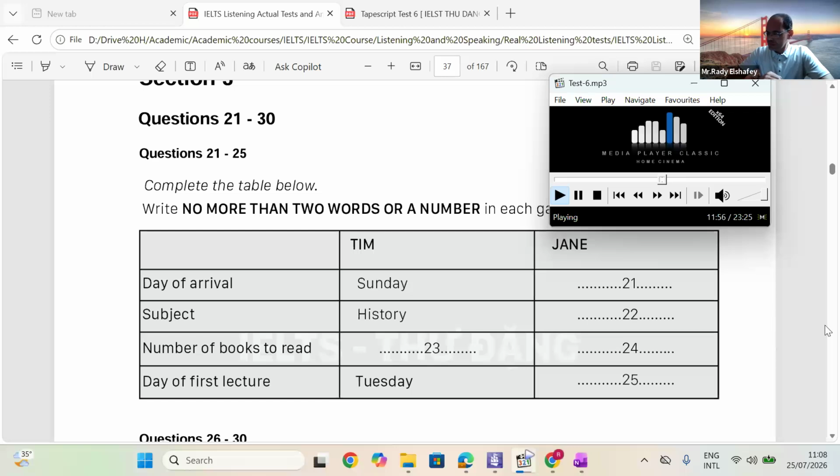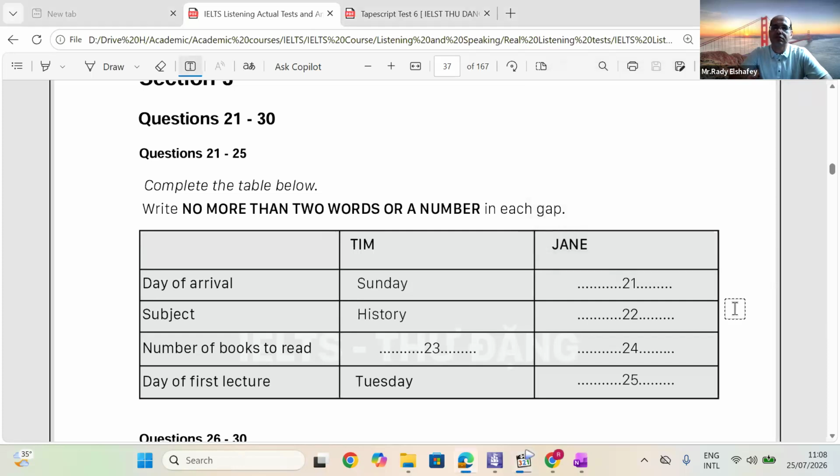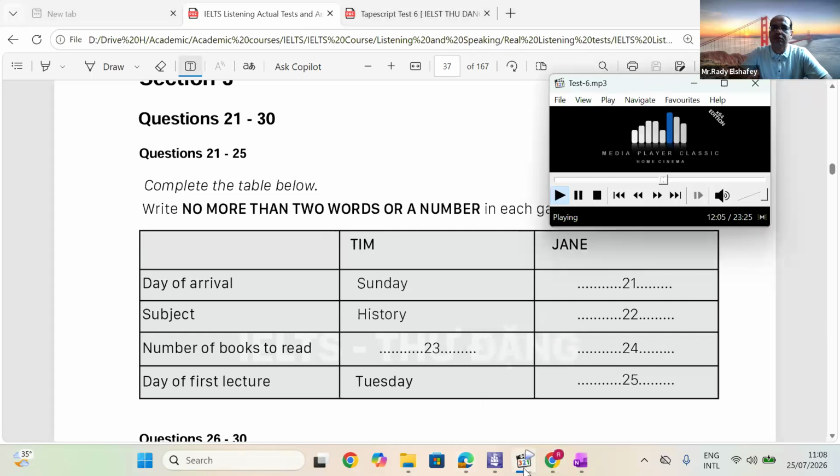First, you have some time to look at questions 21 to 25. Now listen carefully to the discussion and answer questions 21 to 25.